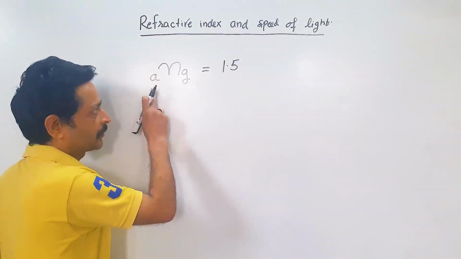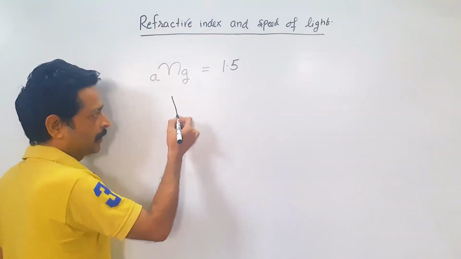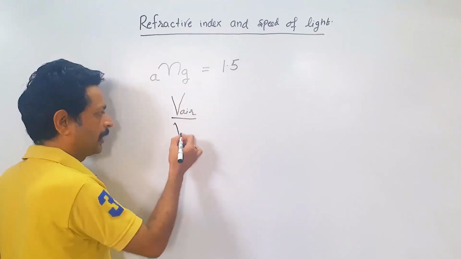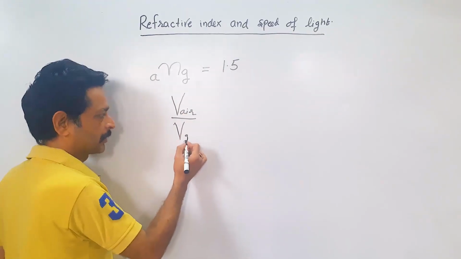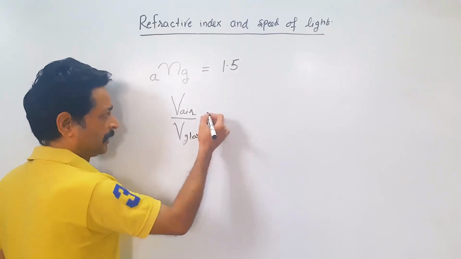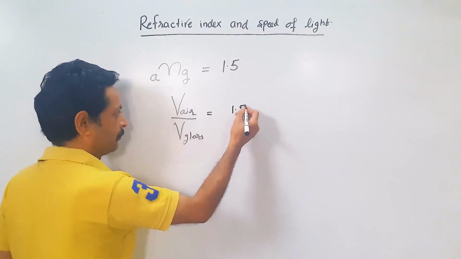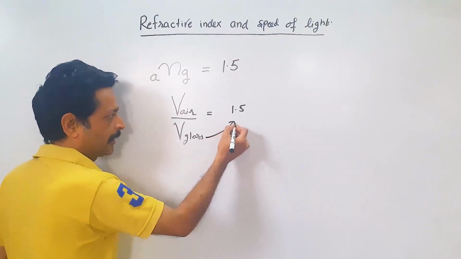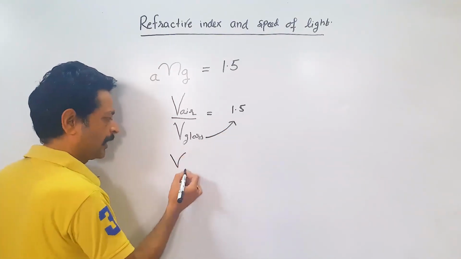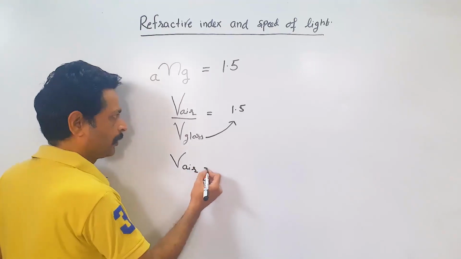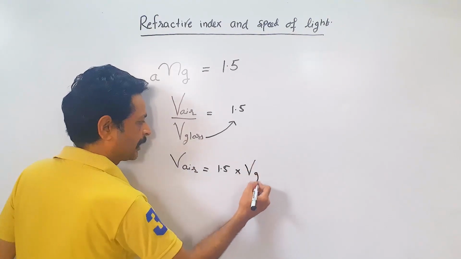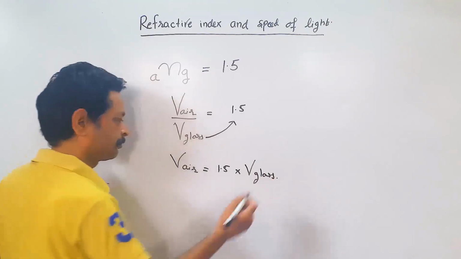Refractive index of glass with respect to air means speed of light in air over speed of light in glass. It is equal to 1.5. Take speed of light in glass to this side. So speed of light in air will be 1.5 times speed of light in glass.